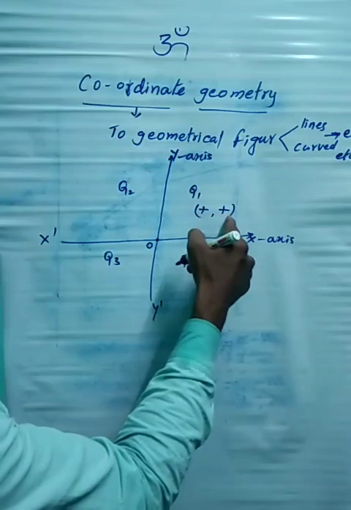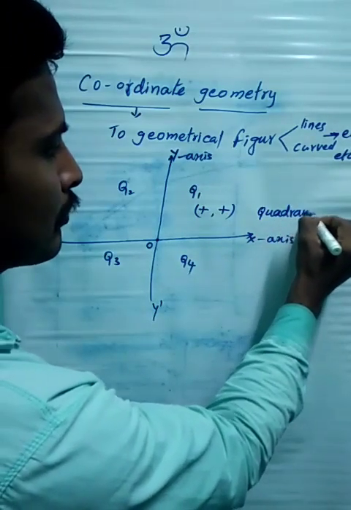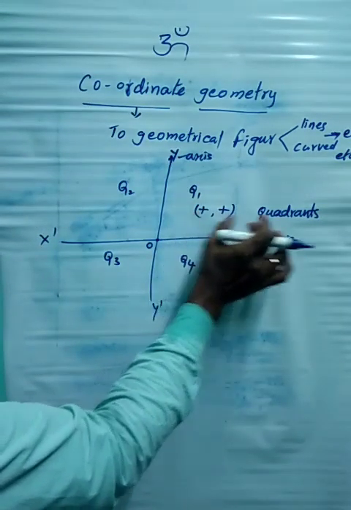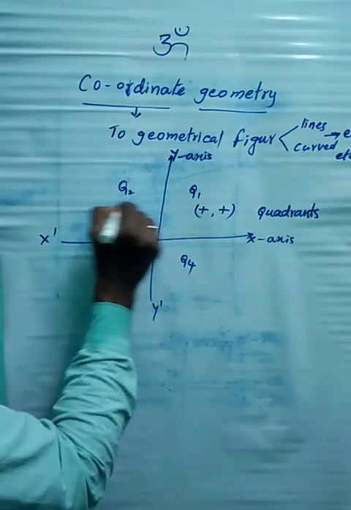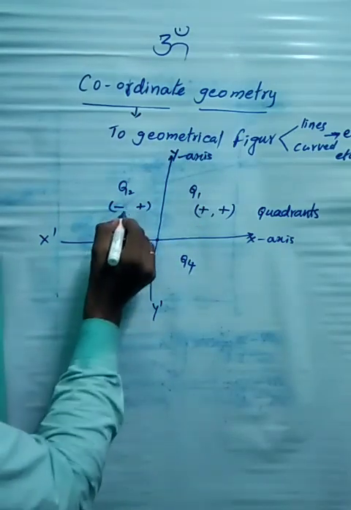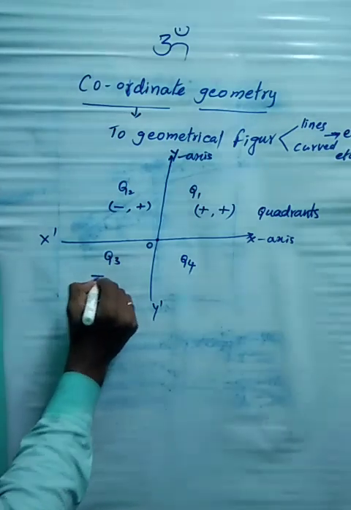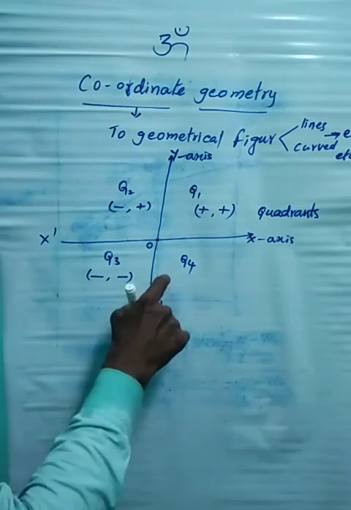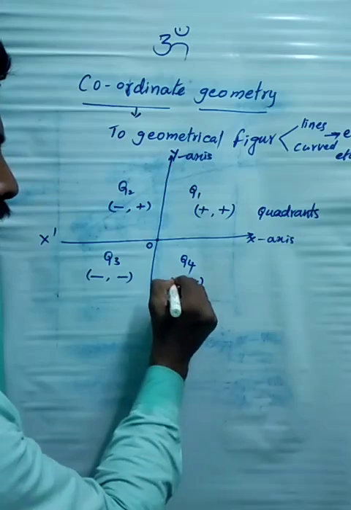In quadrant 2, y-axis is plus and x-axis is minus. Then in quadrant 3, x-axis is minus and y-axis is also minus. In quadrant 4, x-axis is plus and y-axis is minus.